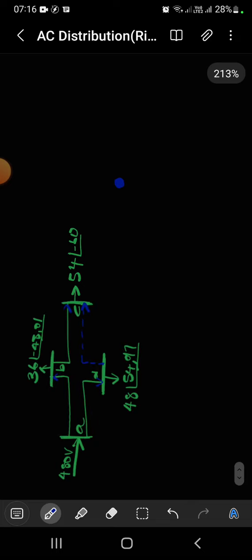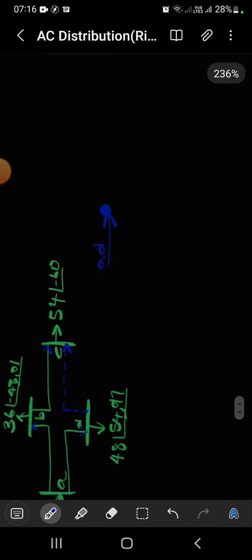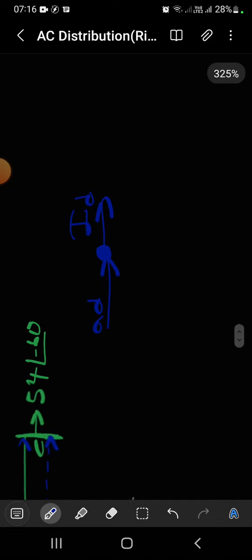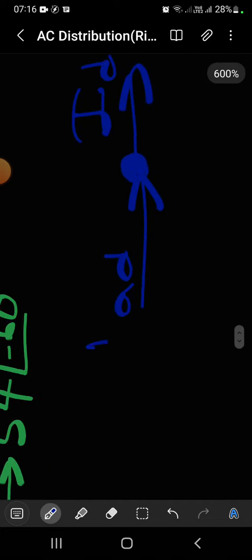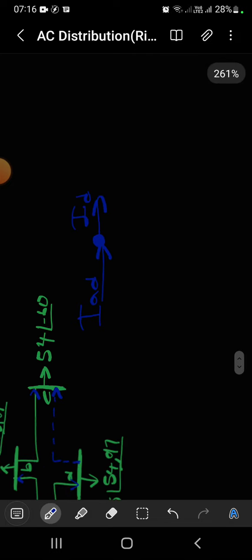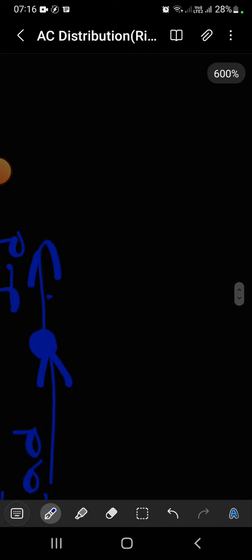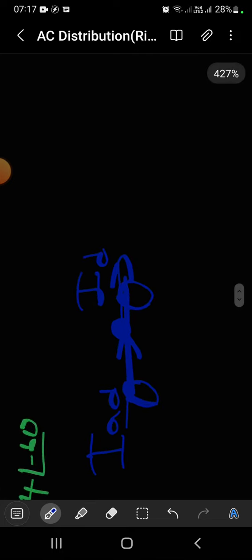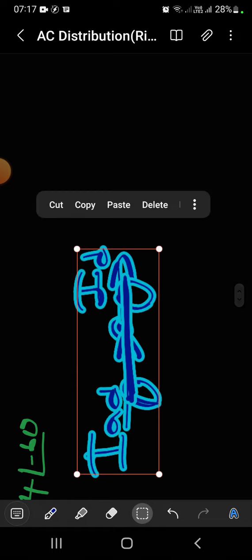Interconnector AD enters the node, and then ID simply leaves the node. This simply means that this current is equal to this current. This is a series connection. I know you can see that. So delete.